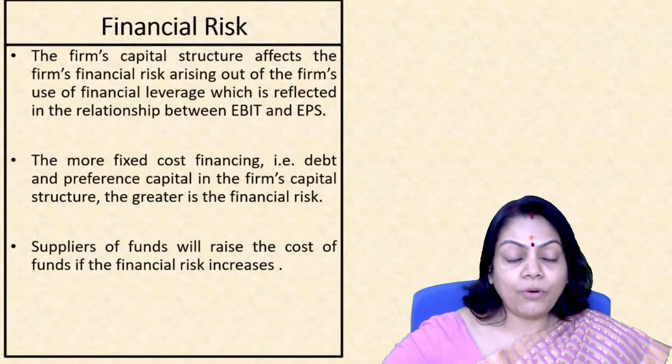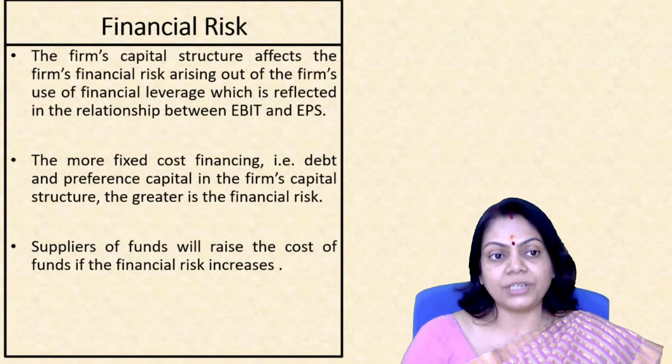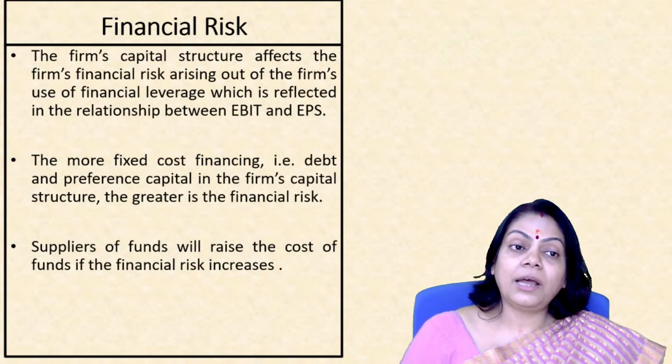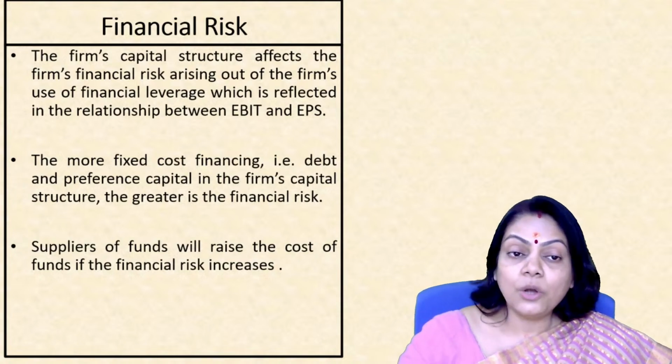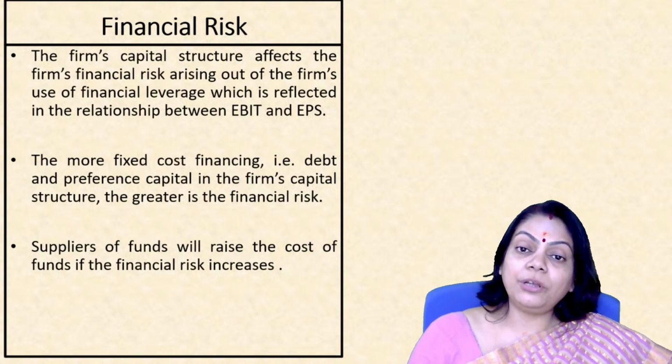Now, having understood what business risk is, let's talk a little bit about financial risk. The firm's capital structure affects the financial risk arising out of the financial leverage, and this is reflected in the relationship between EBIT and EPS.